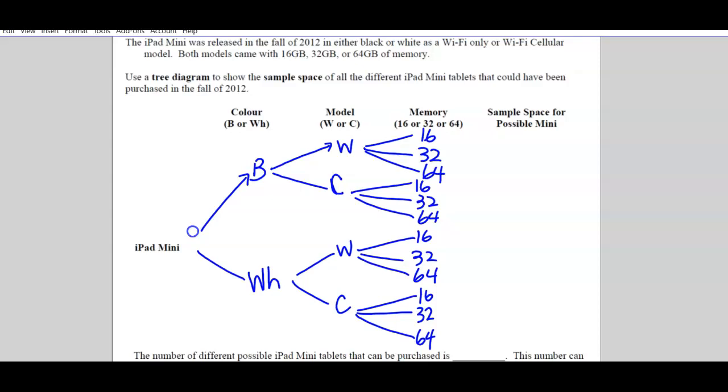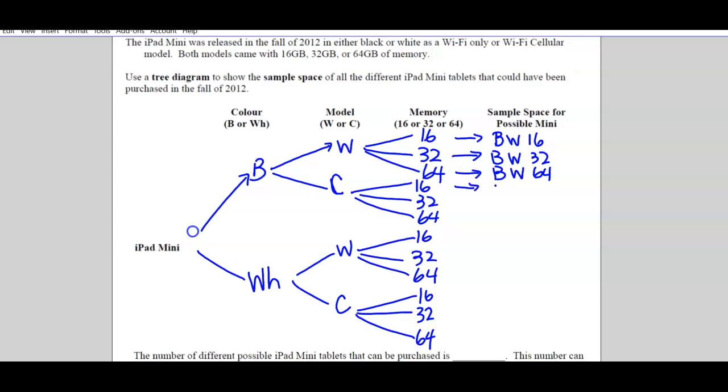But our sample space then, this will get you all the different types of iPad minis with those options. So it could be black, Wi-Fi, 16, it could be black, Wi-Fi, 32, black, Wi-Fi, 64. So each branch that follows through is your sample space.